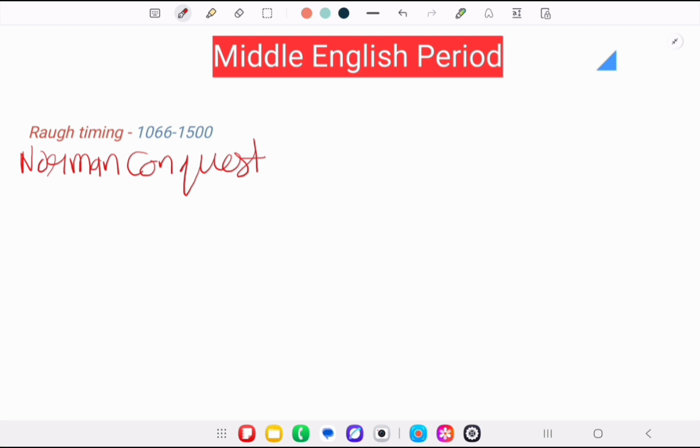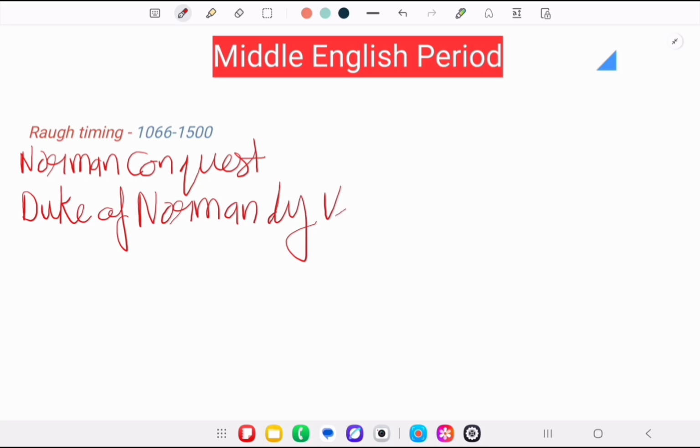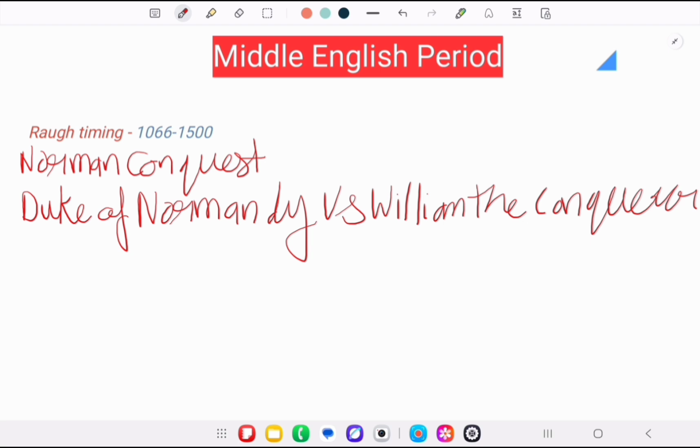In that battle, there was a war between the Duke of Normandy and William the Conqueror. At the end of the battle, the Duke of Normandy became the king.